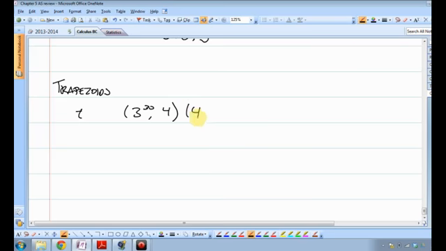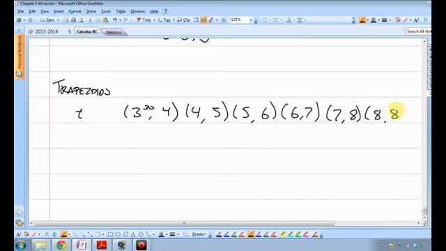Then we go 4 to 5, 5 to 6, 6 to 7, 7 to 8, 8 to 8:30. Delta t is 1/2, 1, 1, 1, 1, 1/2.